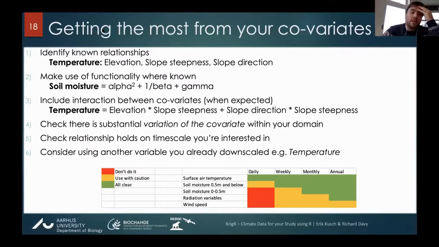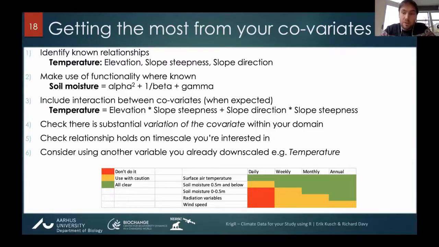As I mentioned earlier, temperature is associated with elevation at all kinds of timescales, but other variables might not be. We're going to make a prioritized list of which covariates you should use at different timescales. But for example, soil moisture at high temporal resolutions, like daily or finer, like hourly, will mostly depend upon precipitation.